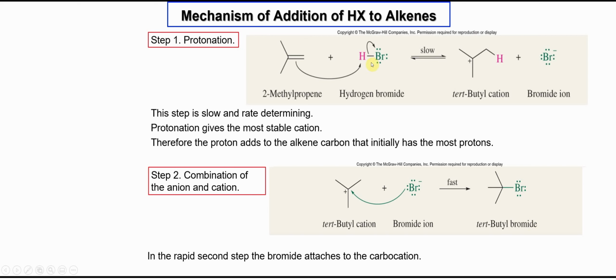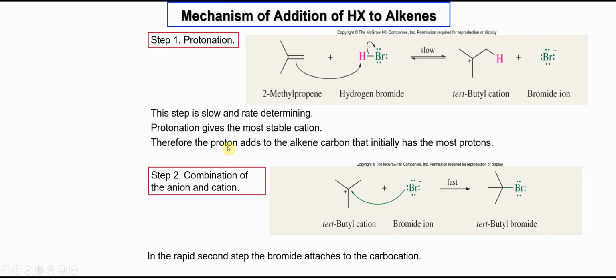The first step, protonation, is a slow step. Therefore, protonation is the rate determining step. Your protonation yields the most stable carbocation. If you did not produce the most stable one, a methyl or alkyl group or hydride is going to shift to produce a more stable carbocation.